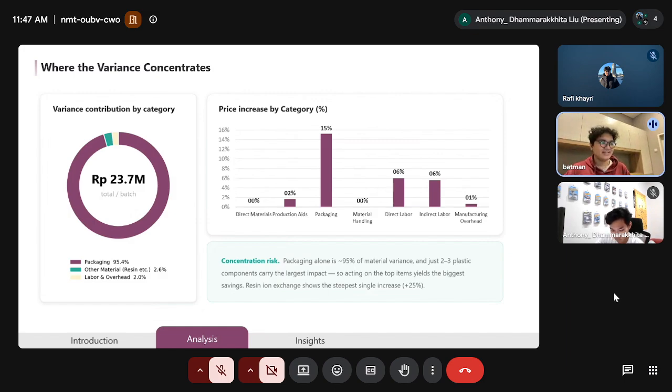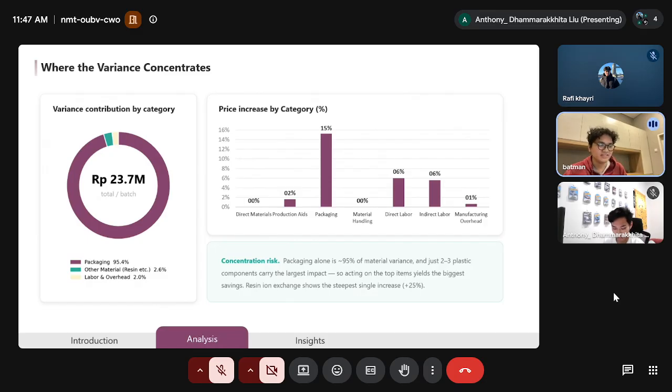Okay, this slide answers one question. Where does the cost problem come from the most? The first chart shows the price increase by category in percentage. Here you can see that resin ion exchange has the steepest single increase at 25%. The second chart, the round donut chart, shows the contribution of each category to the total variance. This is the key insight.